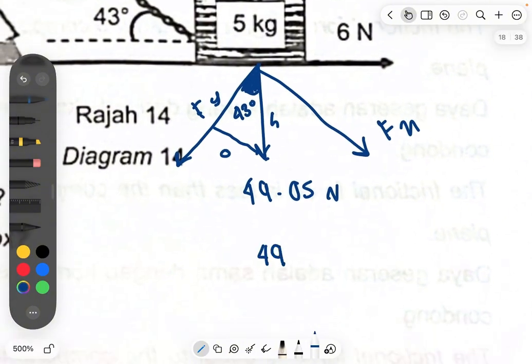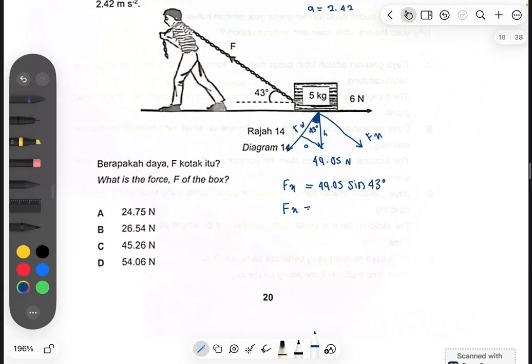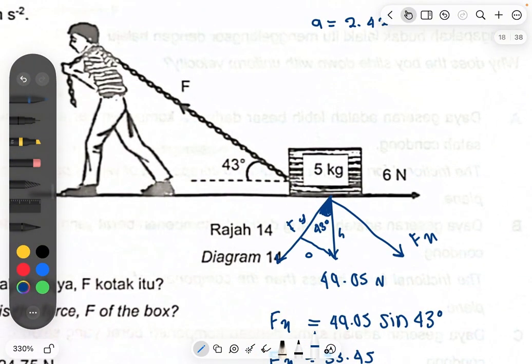So Fx is equal to 33.45. Okay, so I know that over here it's equal to 33.45.